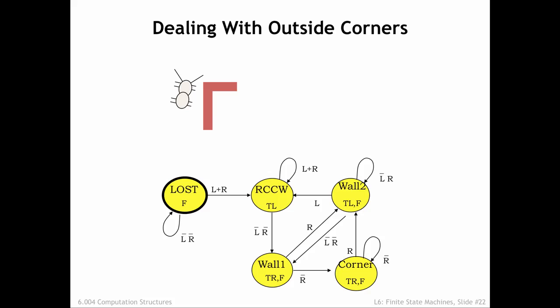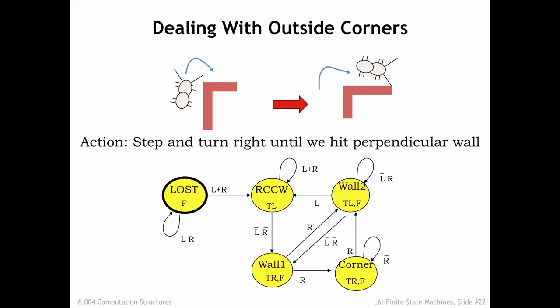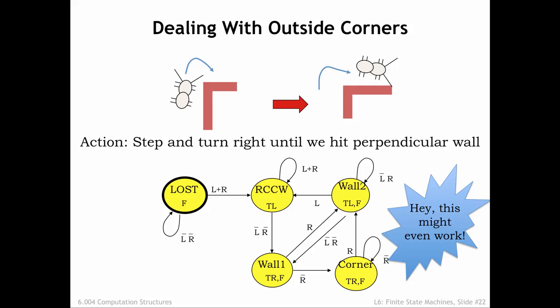But if it's an outside corner, there's no wall to touch. The correct strategy in this case is to keep turning right and stepping forward until the right antenna touches the wall that's around the corner. The corner state implements this strategy, transitioning to the wall 2 state when the ant reaches the wall again. Hey, this might even work!